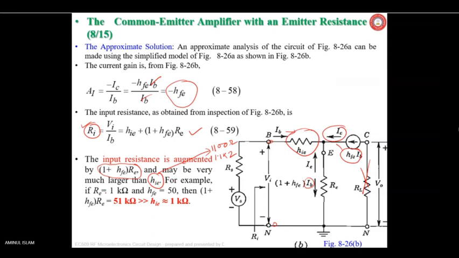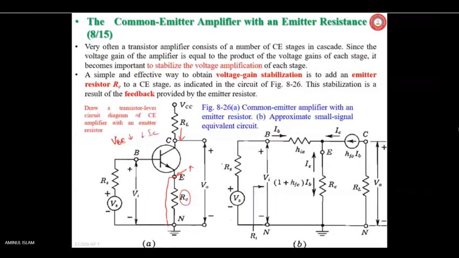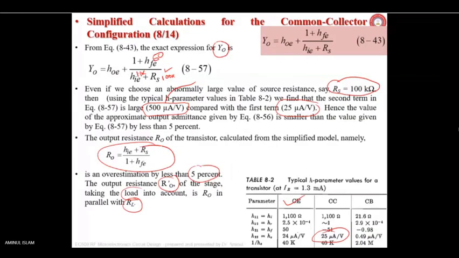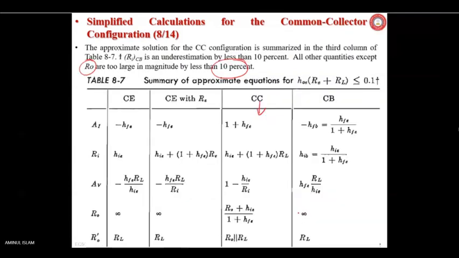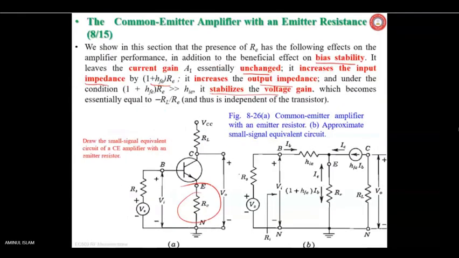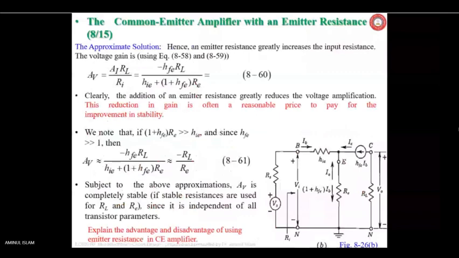For example, if RE equals 1 kilo ohm and hFE equals 50, then 1 + hFE is going to be 51, and (1 + hFE)RE is 51K, much greater than 1K. hie was given as 1.1K in the table here. Where is the table? Yes, this 1.1K is used here.